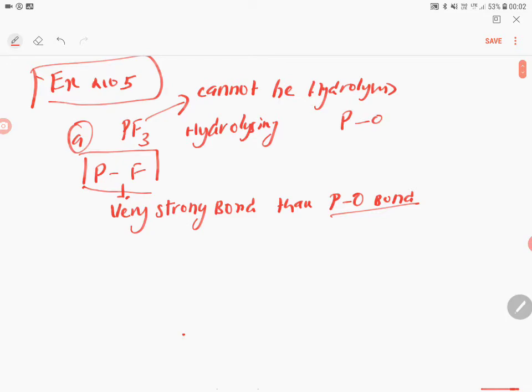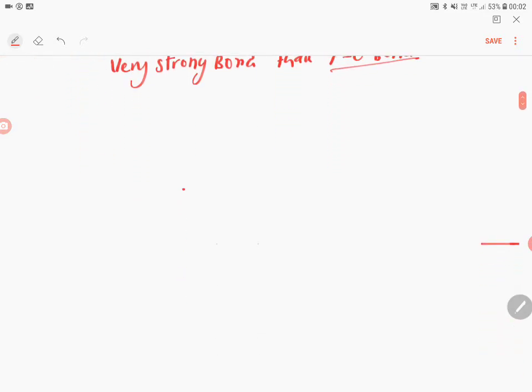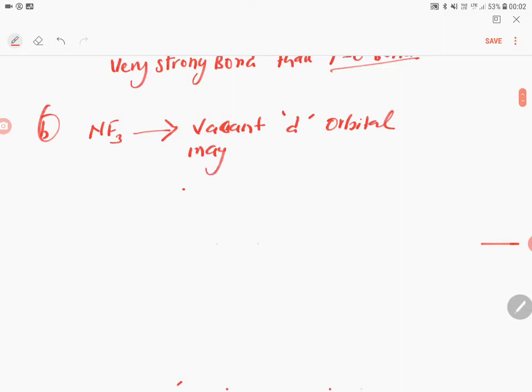Okay, excellent. Now here you have another option, option B. Option B is your nitrogen trifluoride. Now the most important thing is if a molecule contains a vacant d orbital, then there is a possibility that it may be hydrolyzed.